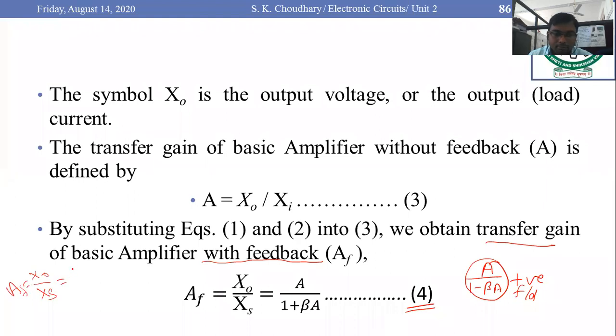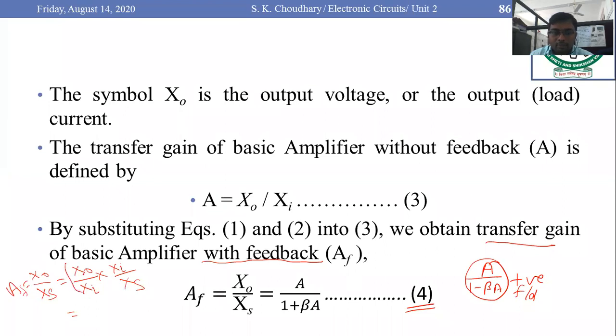Means X naught upon Xi into Xi upon XS. You have to just multiply Xi in the numerator and denominator.